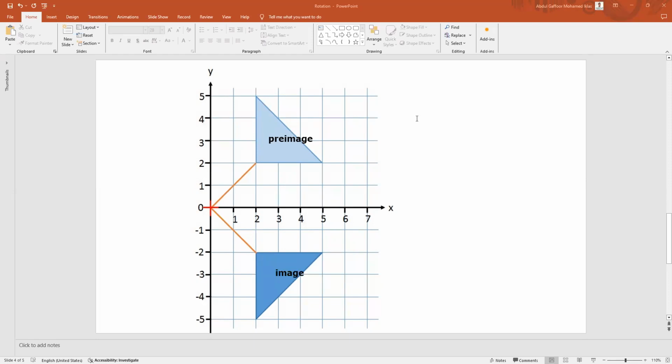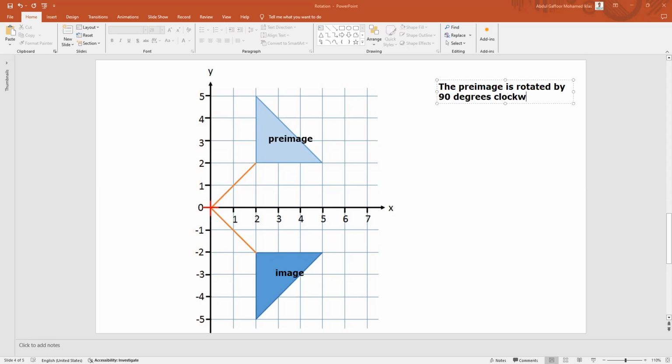The pre-image is rotated by 90 degrees clockwise.